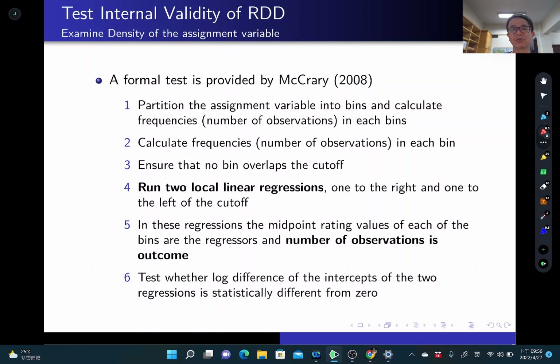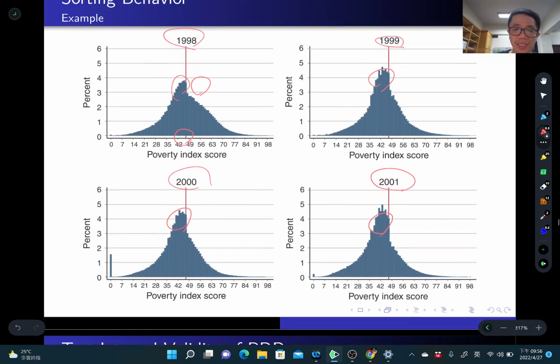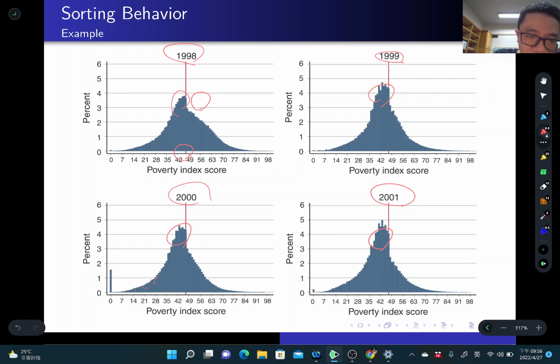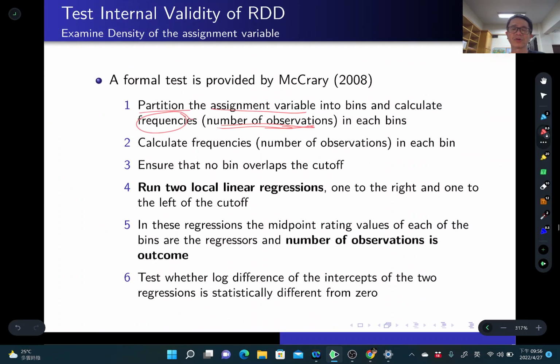The first step is to partition the assignment variable into several intervals and calculate the frequency, the number of observations, in each interval, each bin. Calculate for each interval how many individuals stay in it. You also need to make sure the intervals do not overlap, and especially do not overlap the cutoff, so that all intervals are either above the cutoff or below the cutoff.